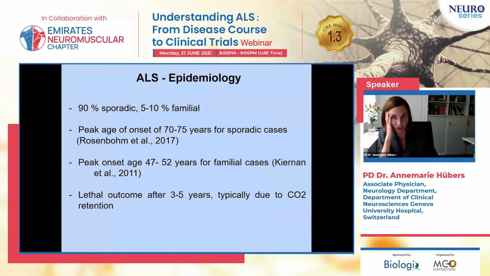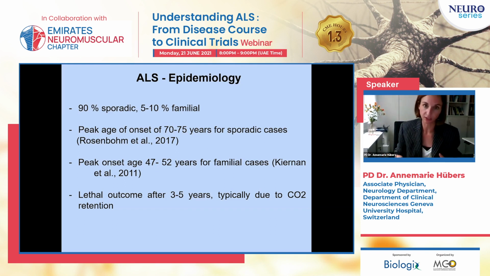And in these patients with genetic ALS, the peak onset of the disease is generally younger, at around 47 to 52 years of age, whereas in the general patient population, peak disease onset is at around 70 years for sporadic cases.